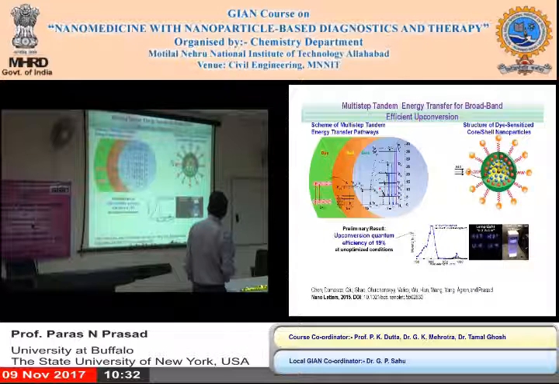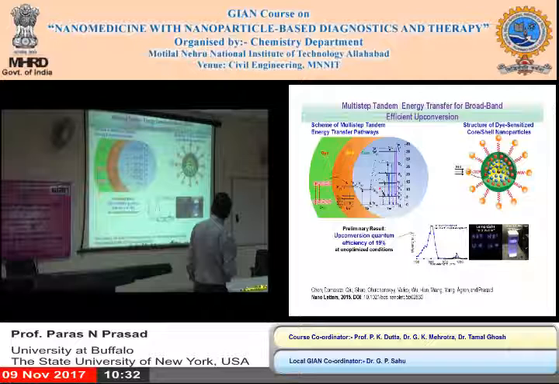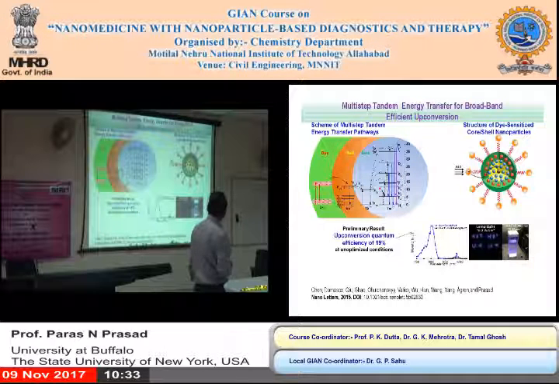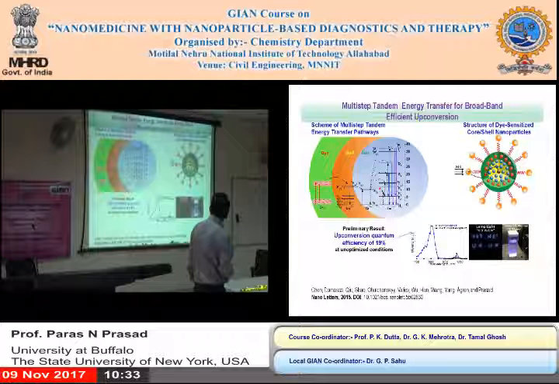And we showed that this up-converted emission is so much enhanced. Without this dye, if you look at this scale, the up-conversion emission at 800 in thulium is very weak. But when you do it this way, it is 100 times enhanced. Very strong, so that you can even use a low power lamp.